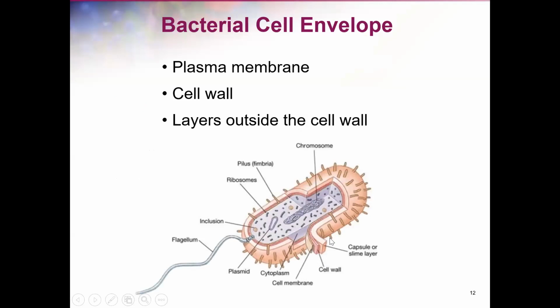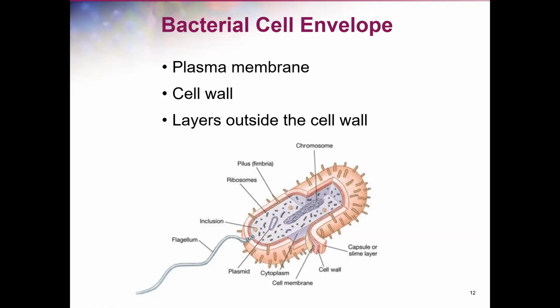Then outside, it really depends on what kind of bacteria. Gram negative, you probably don't have a lot outside, but have a really thick cell wall. Gram positive, they have a very complicated outer structure, basically a capsule or slime layer.